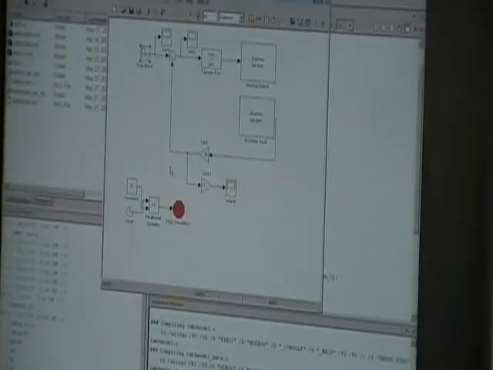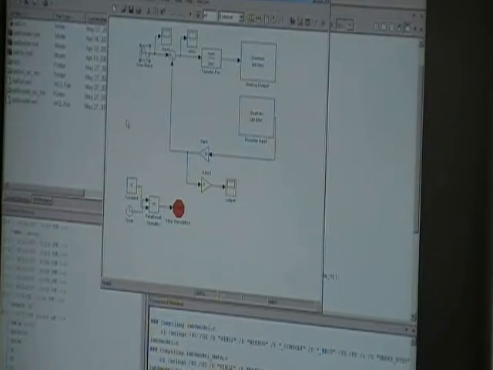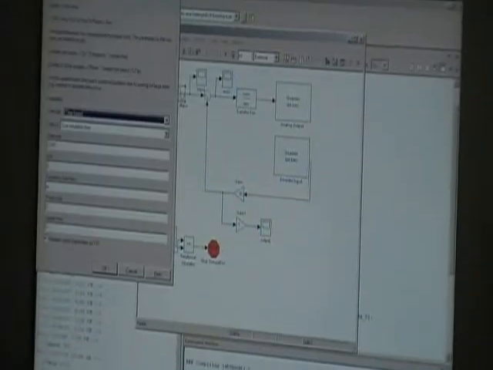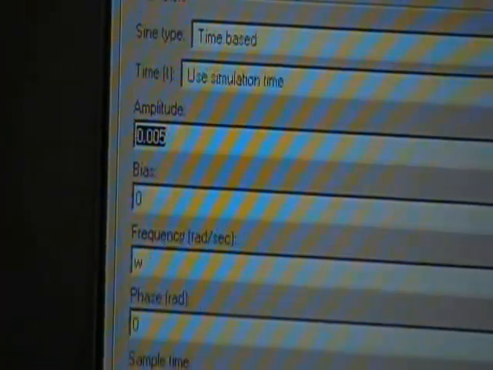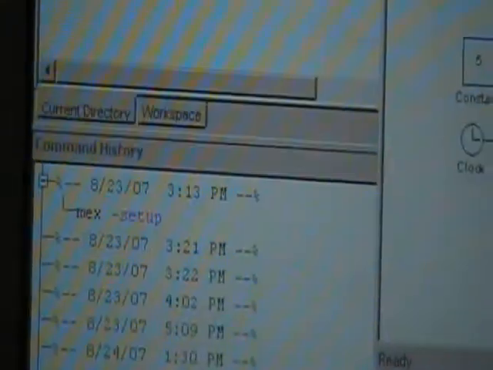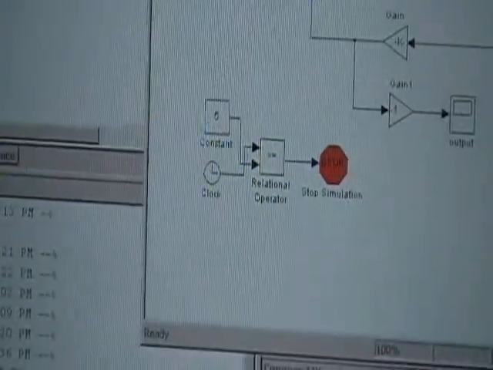to observe. Okay guys, after that we're just going to see the effects of friction when we give it a very small amplitude input. Yep. This is the amplitude. We're gonna use 0.005. And we're still operating at 3 hertz. So the idea is to make your motor barely move.